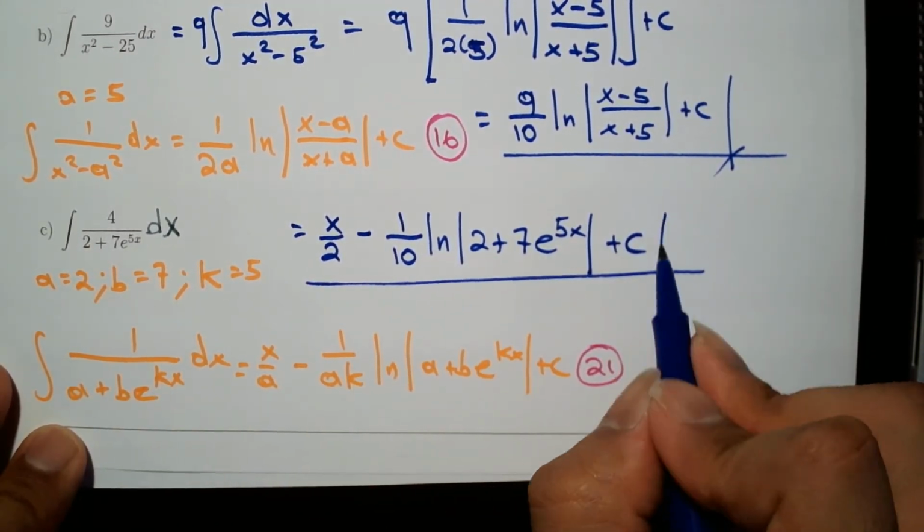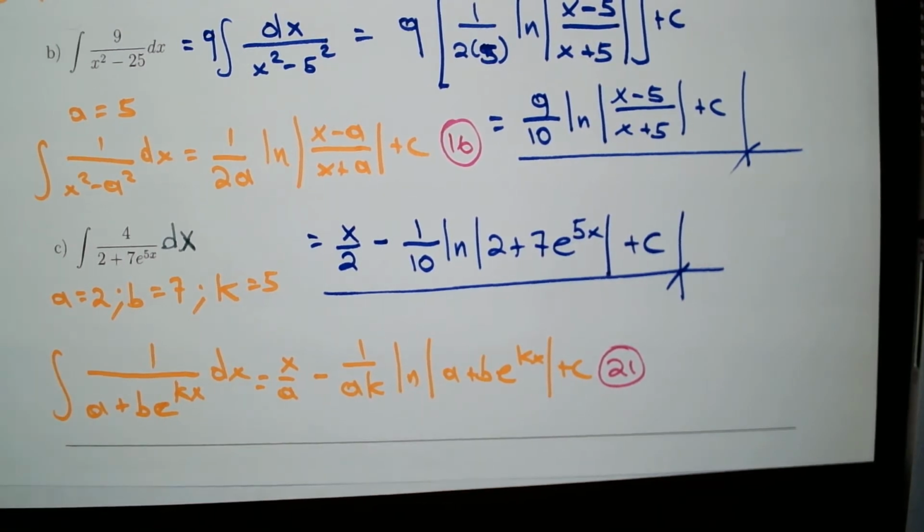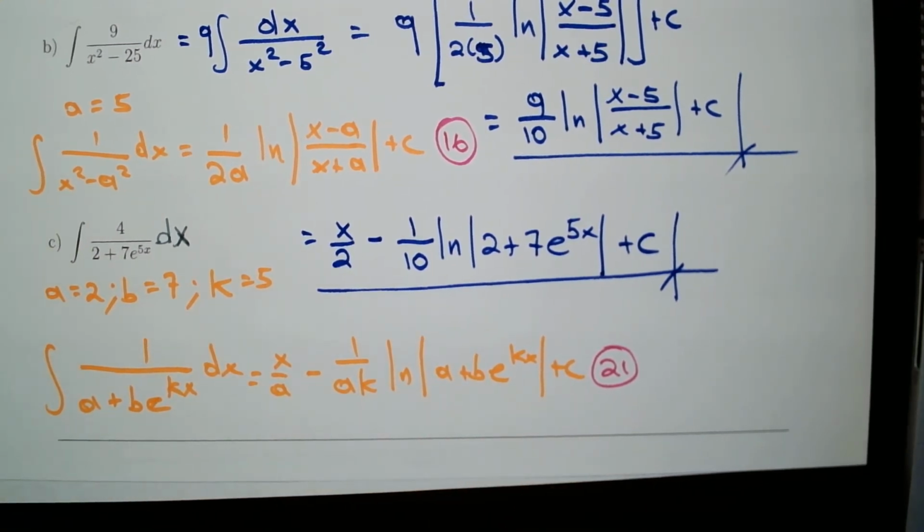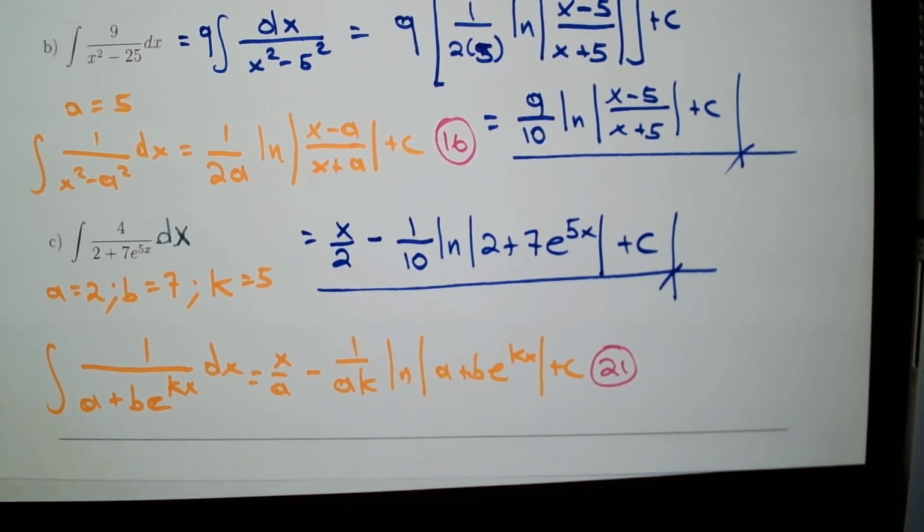And that's the final answer to this. Right? So these first 3 examples give us an overview on how to look at an integral and how to compare with something in our formula sheet.